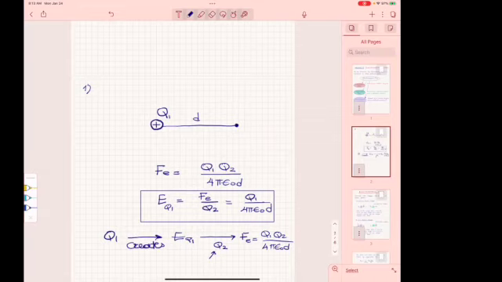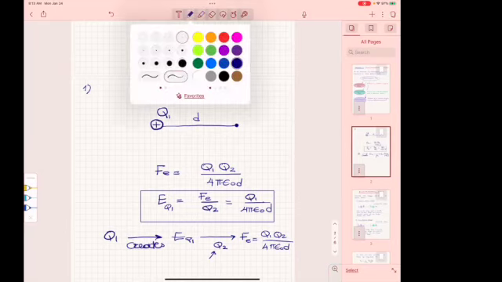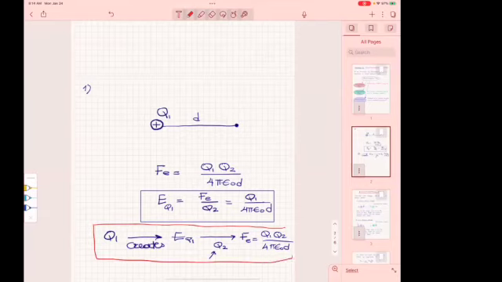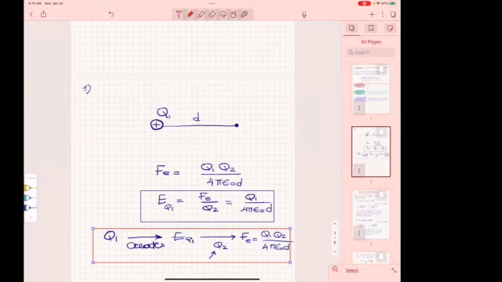Let's, in fact, go with this approach here, starting with electric fields and then talking about forces, because that is what we are going to use from this point on. All right. So even if force is what we have observed first, in everything we're going to do right now, we are going to start with the electric field. So it is this progression in red that we're going to follow.